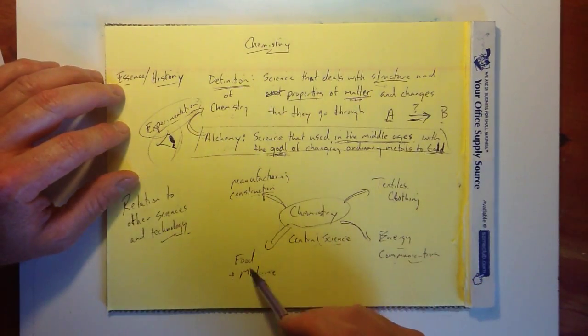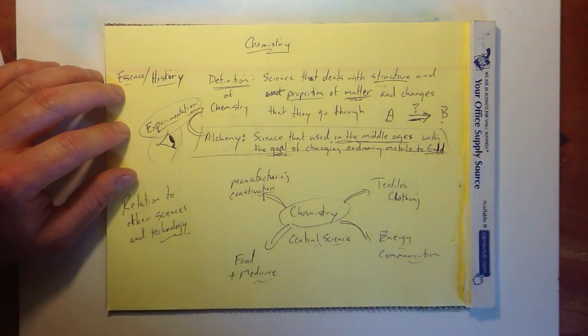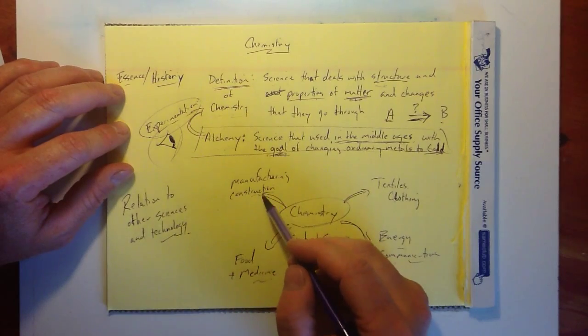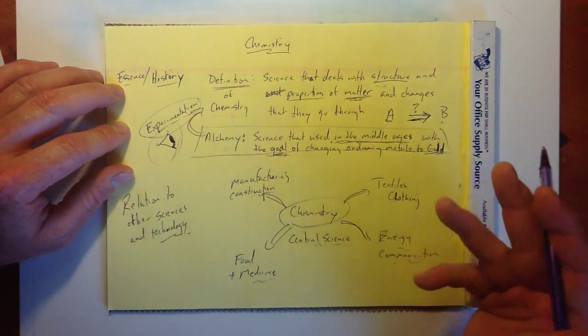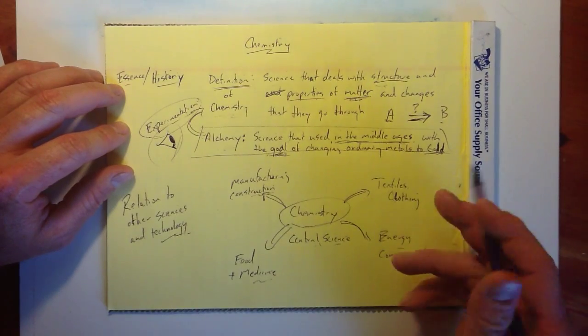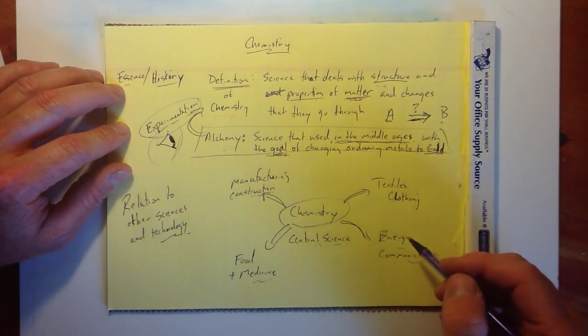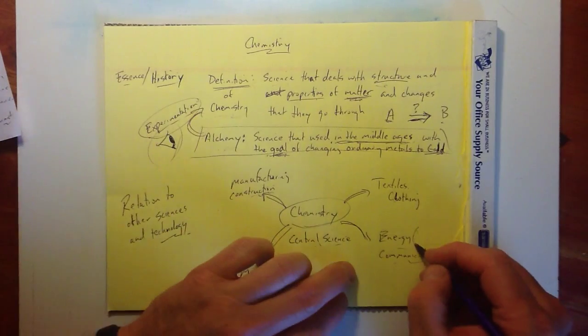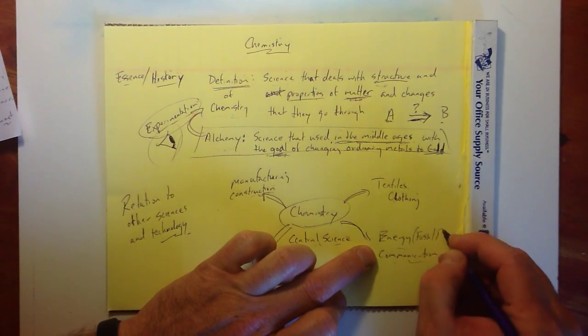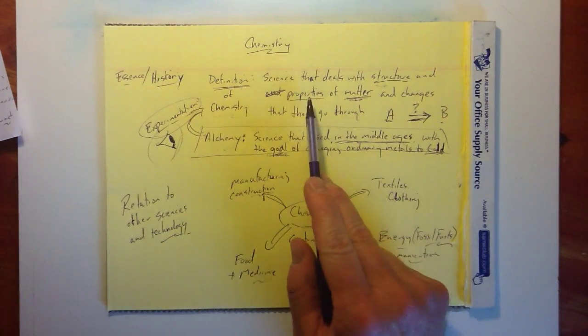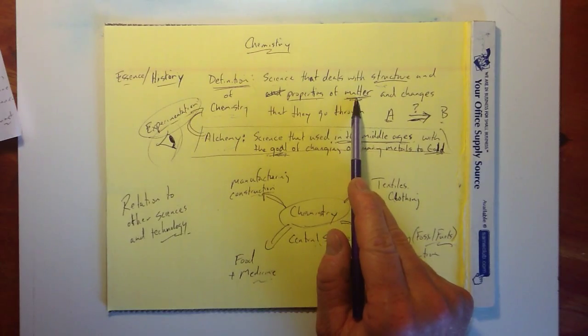Because all of these different areas of technology or industry deal with matter. You're constructing from steel and wood, you're making clothing from cotton or synthetic fibers. You're dealing with fossil fuels, at least in the case of energy from fossil fuels, you're dealing with matter. And we know that chemistry is the science that deals with the structure and properties of matter.